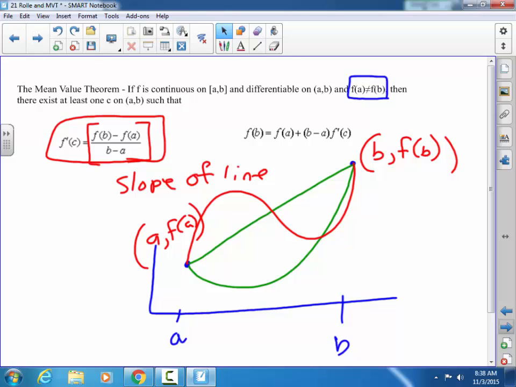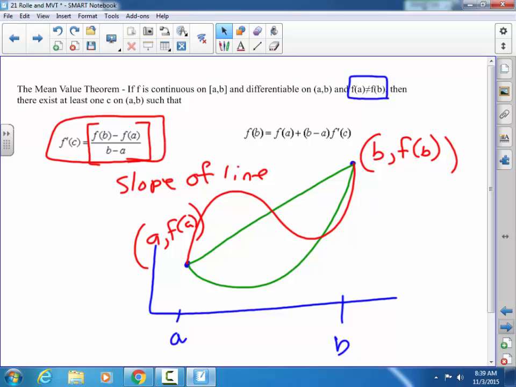If he stopped somewhere during that 4 minutes, what does that mean he had to do? He would have gone faster. That's right. He would have had to go even faster in there somewhere. Okay? So we could use it, even though the mean value theorem wouldn't exactly apply. We could still utilize it here.